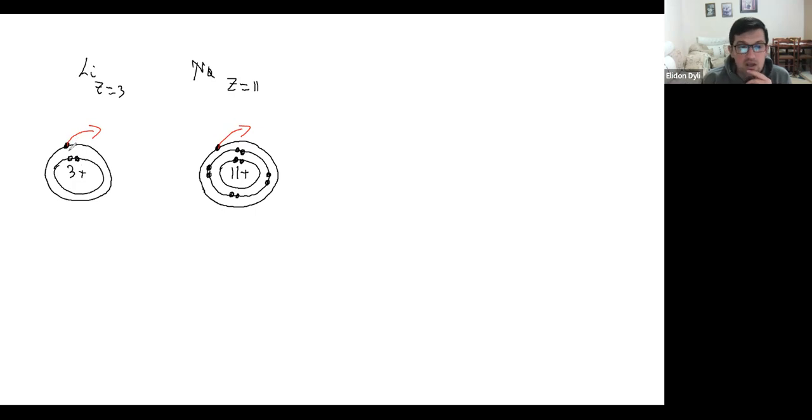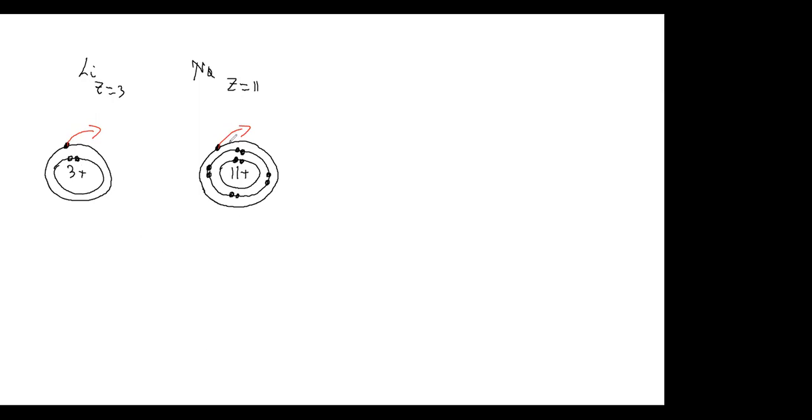So it would need a lot of energy to escape. And for sodium, the electron which would escape is very far away from the nucleus. So the electron, which is far away from the nucleus, can easily escape.